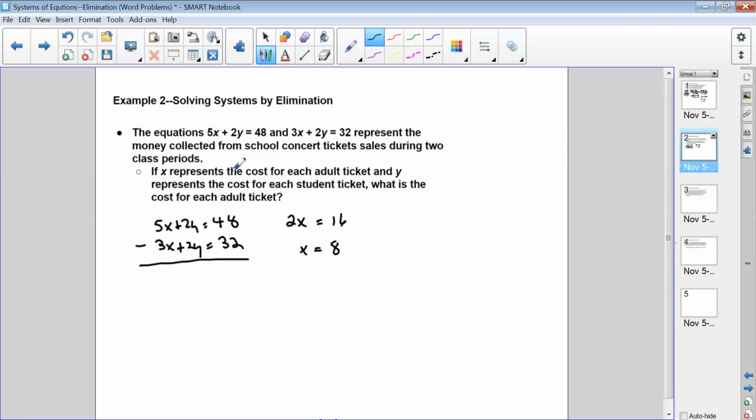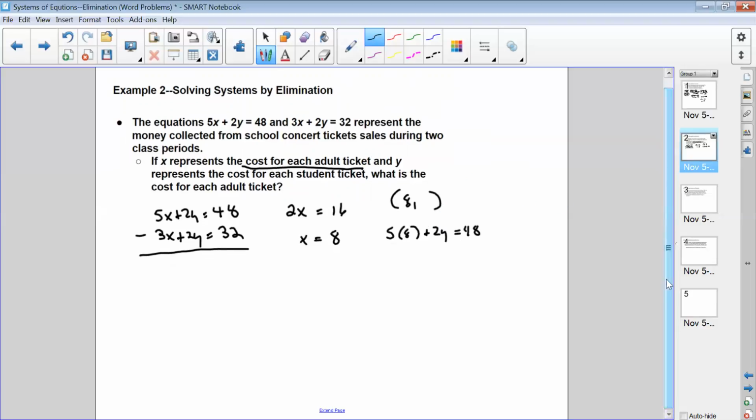And x represents the cost for each adult ticket. Now y represents the students. Well, if x is 8, I'll use the top equation. So 5 times 8 plus 2y is equal to 48.